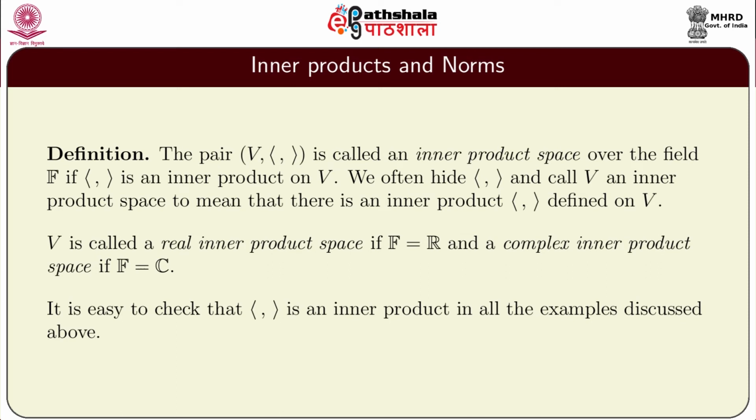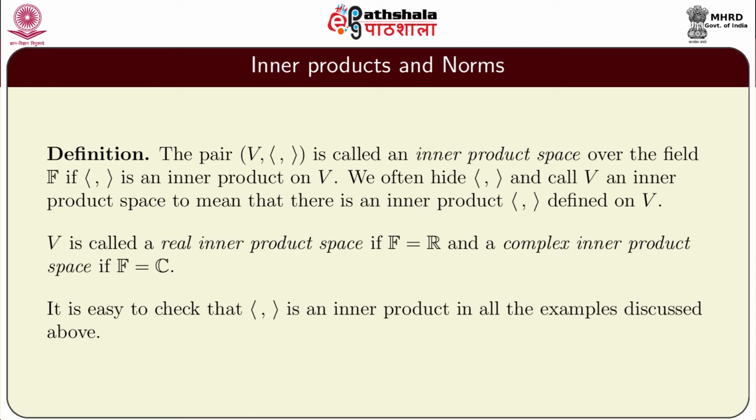Let us list down some basic properties of the inner product. Let V be an inner product space over the field F, then the following statements are true for every x, y, z in V and scalar c.